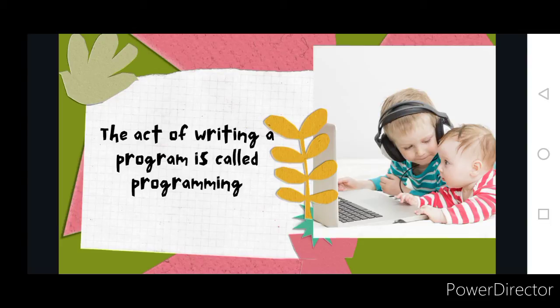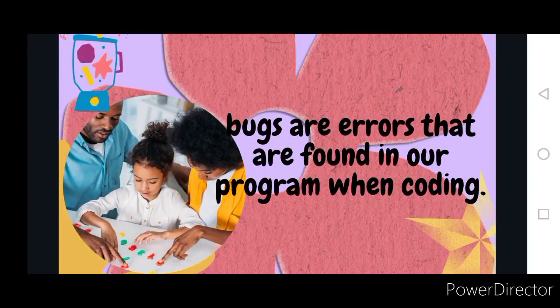So a programmer is a person that gives instructions to a computer. There are so many programmers around the world. Would you like to be one of the best programmers in the world? I bet you will want to be. So programmers are people who write different programs. Now, when writing programs, we encounter so many errors because there's an adage that says practice makes perfect.